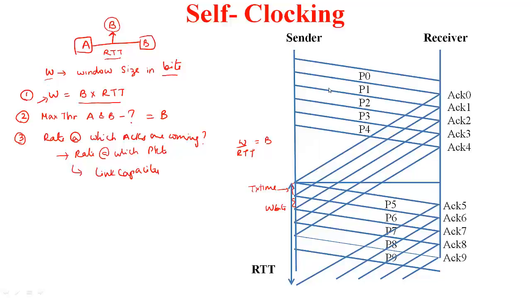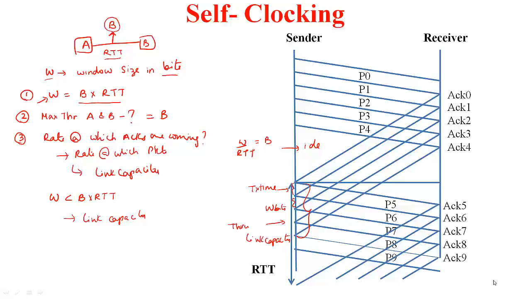If you look at the sliding window protocol, even if you were to set W less than this bandwidth into round trip time, the rate at which you are going to get the acknowledgements is being dictated by the link capacity. So as you can see here, I'm not utilizing the full link capacity. This time is idle. But when I'm getting the ACKs and thereby sending new packets, the throughput that the sender is achieving is equal to the link capacity.